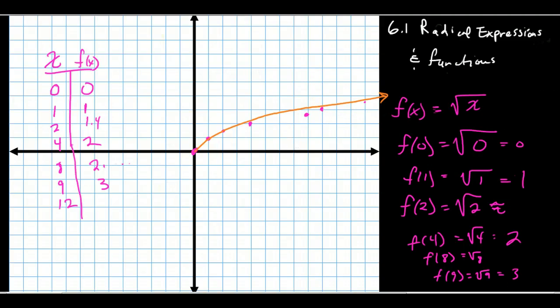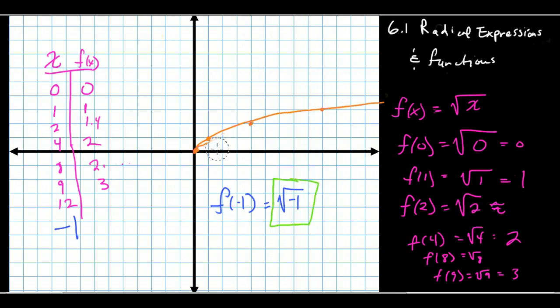Notice that we can't really do a negative x input value, because then we would have the f of negative 1, which would be the square root of negative 1, and this is not a real number. We'll learn how to deal with this in a little bit.